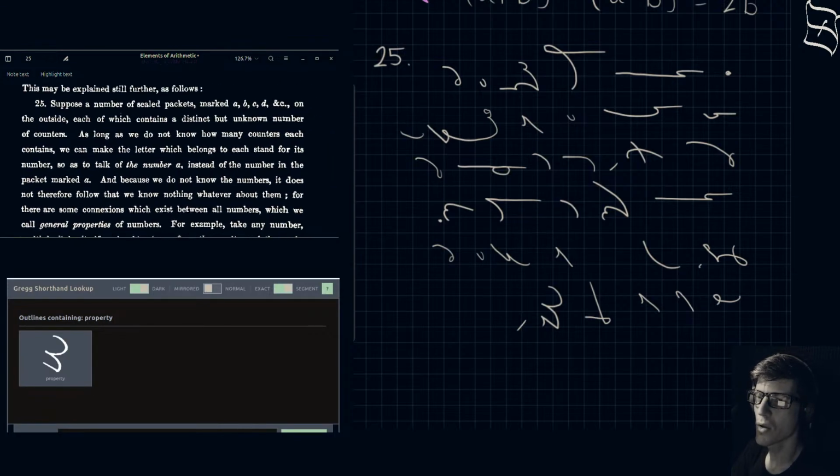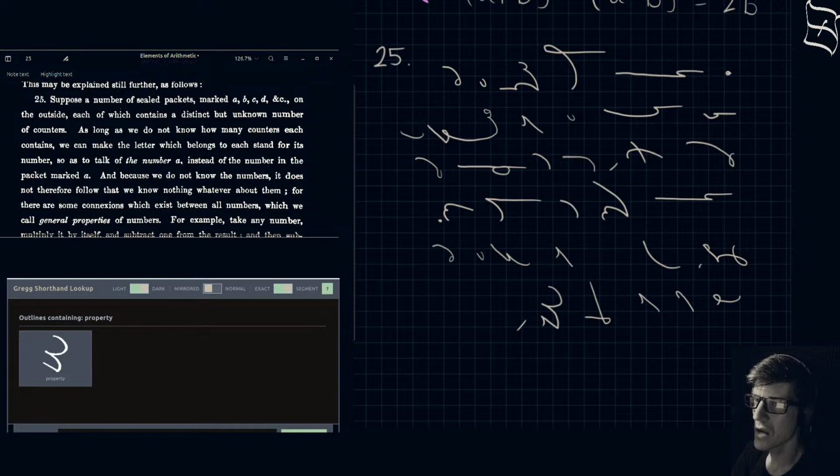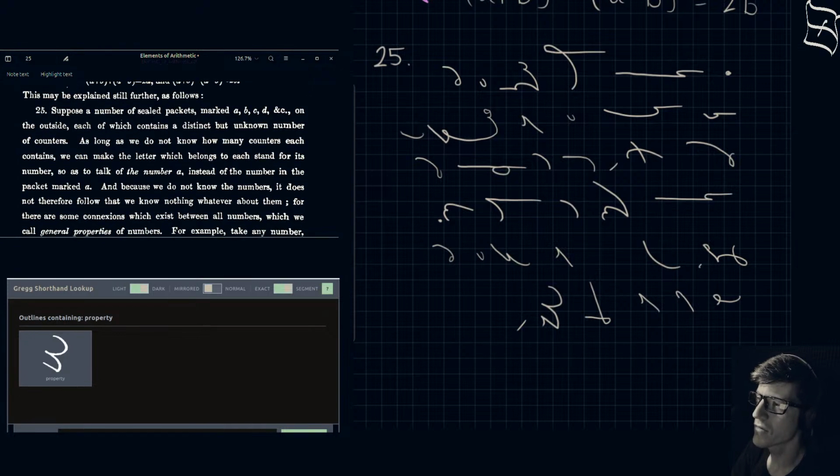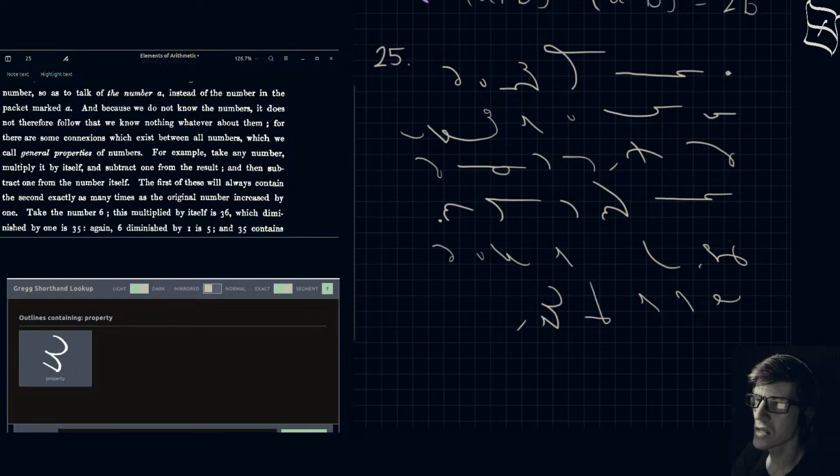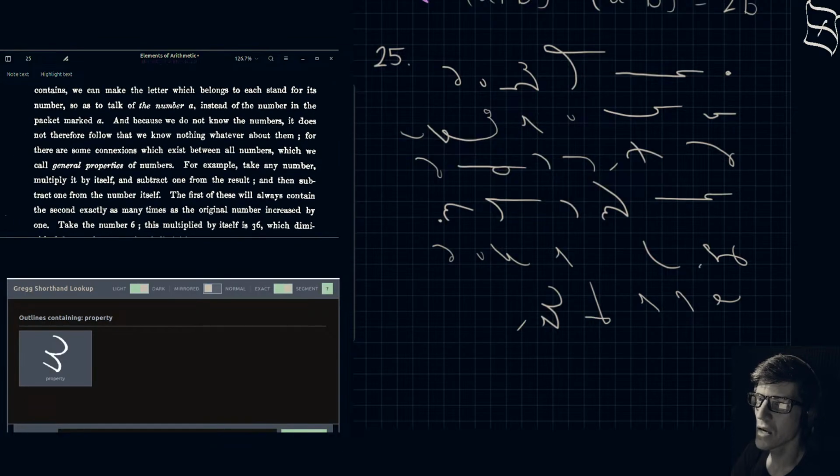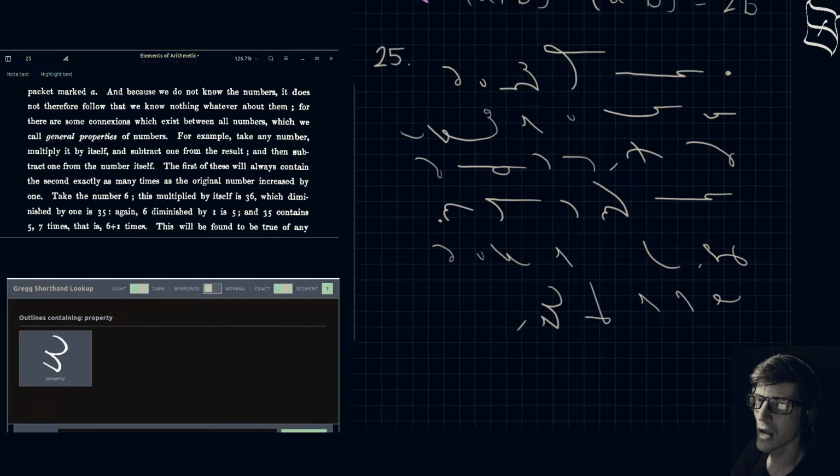First of all, he introduces the idea that we can speak of the number by its name instead of the number in the packet. There are some connections which exist between all numbers, which we call the general properties of numbers, okay?